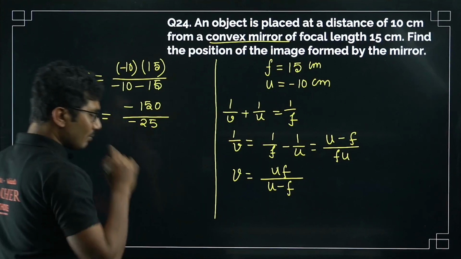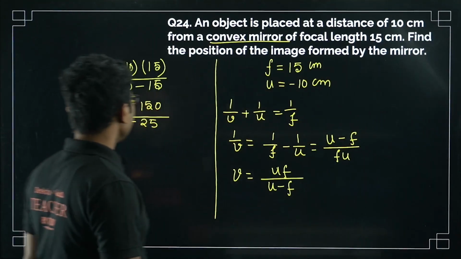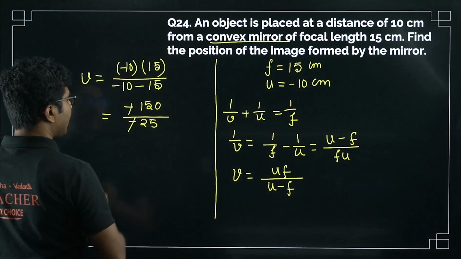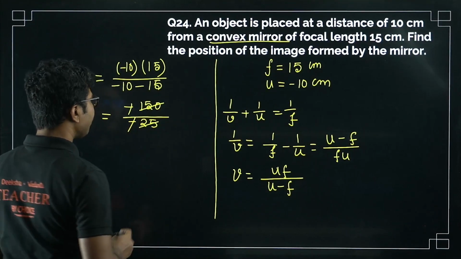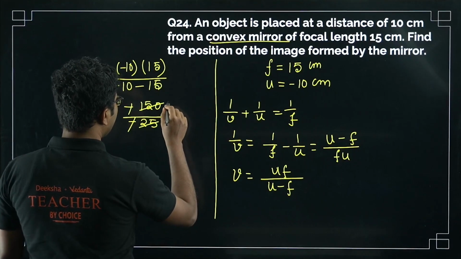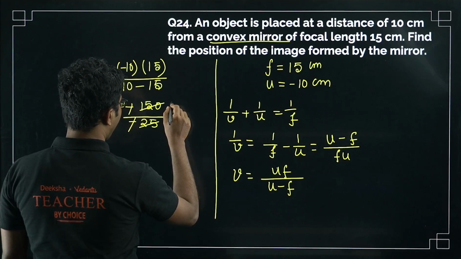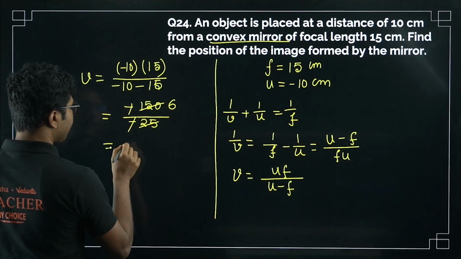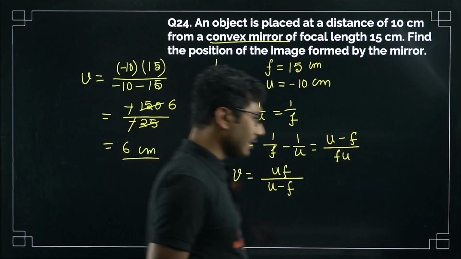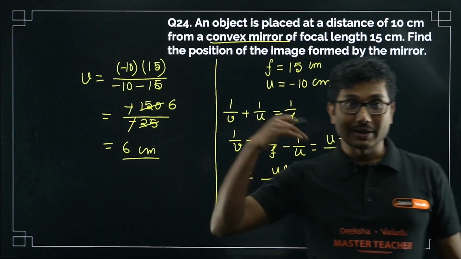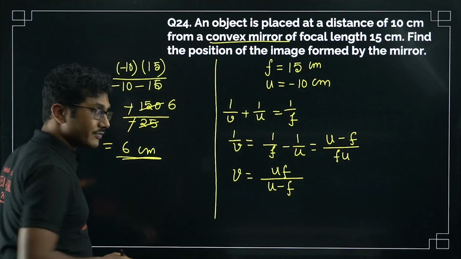Both are minus, so the minus signs cancel, and 150 divided by 25 is 6. So it will be 6 centimeter. It's a virtual image, that is why it's on the other side of the mirror. It's a mirror, so plus means virtual image.